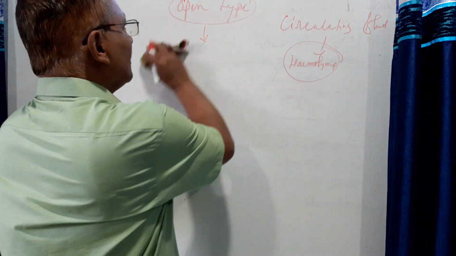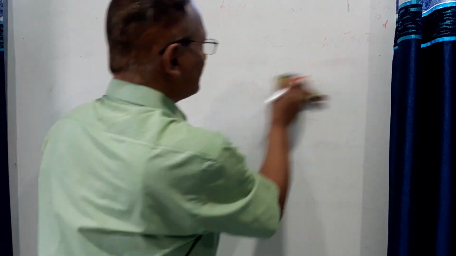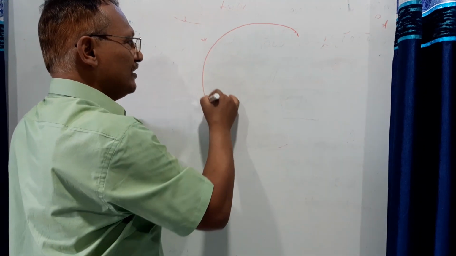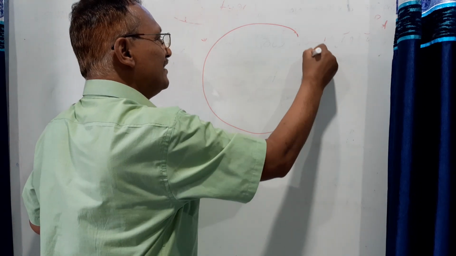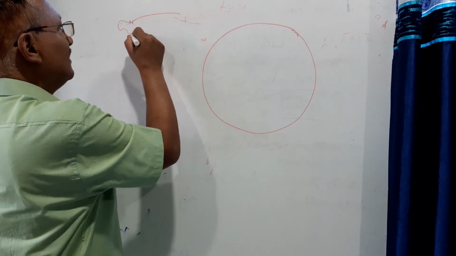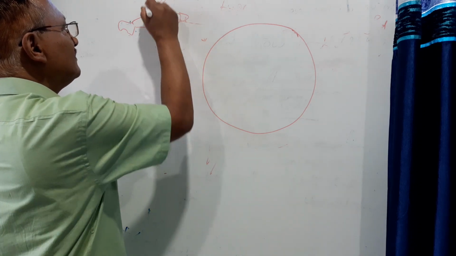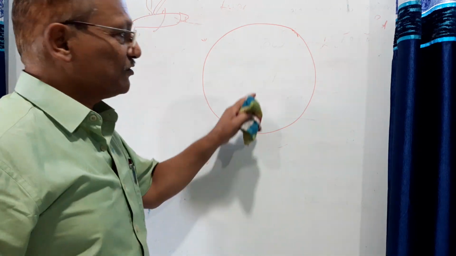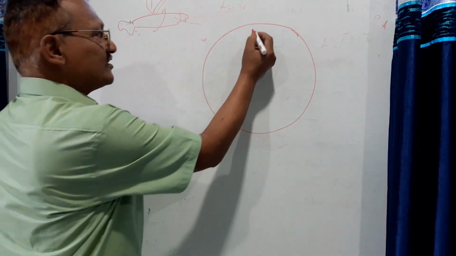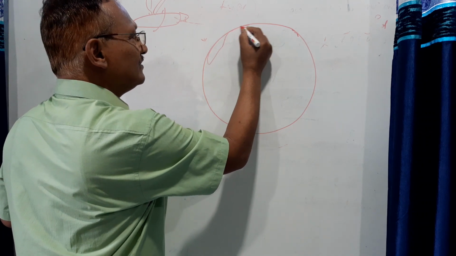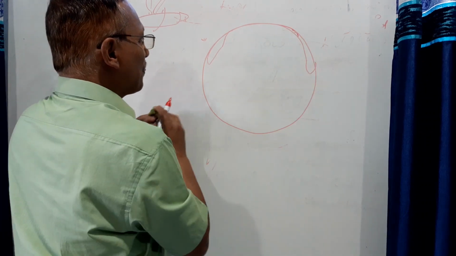You see, this is the cross section of an insect's body, especially in the thoracic region. The dorsal wall of the body wall is called the tergum.